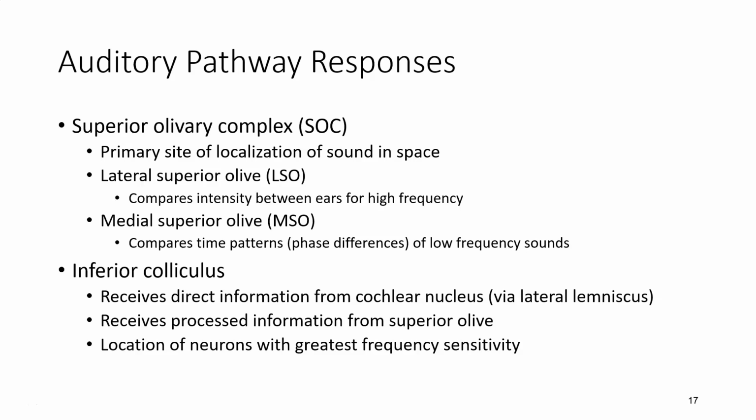The inferior colliculus receives information from a lot of different locations: the cochlear nucleus, the lateral lemniscus, and the superior olive. This appears to be the location where we make the finest frequency sensitivity responses to the sound, so really narrow the response down to specific frequencies that are in the sound.